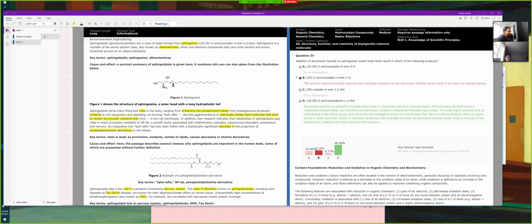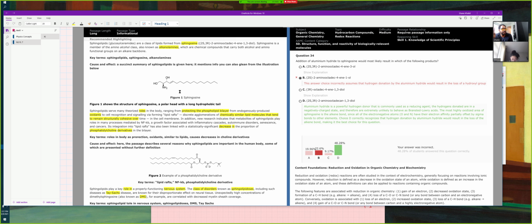So let's say you add one aluminum hydride. The double bond is gone. Add another, it's going to take an OH group and turn it into a double bond. Add the third one, it's going to take that double bond and turn it into a single bond.